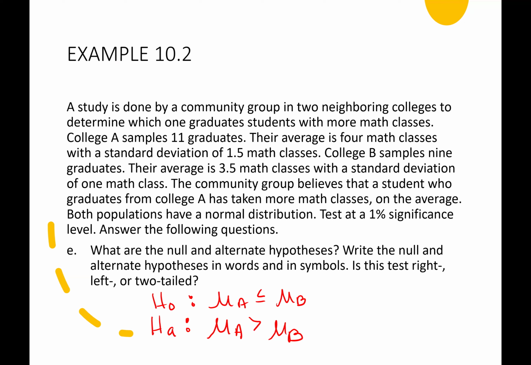That they take less than or equal to, or you could write equals. Because again, this is what you test, correct? You test the alternative. So it's important that you get the alternative correct, that it's greater than. The null hypothesis is not quite as important.